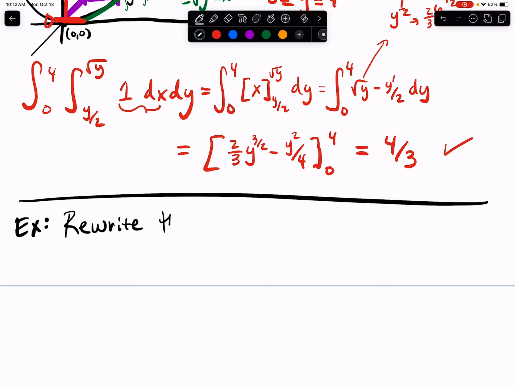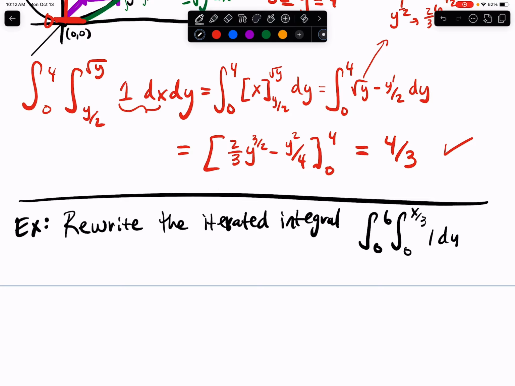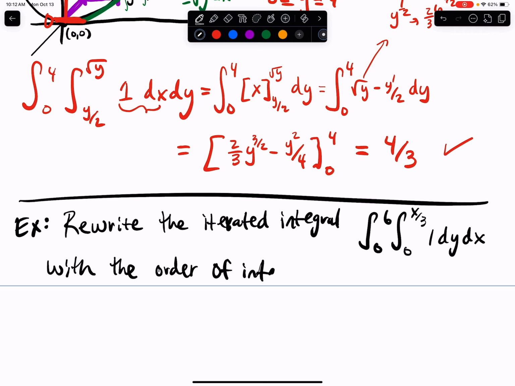So rewrite the iterated integral from 0 to 6, from 0 to x over 3 of 1 dy dx with the order of integration dx dy. Okay, so all we did is we swapped it around.